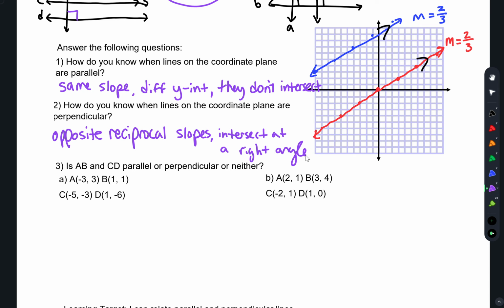What is an opposite reciprocal slope? What does that mean? That's the reciprocal part. What does the opposite part mean? Perfect. So it's flipped, and then one is positive, one is negative.